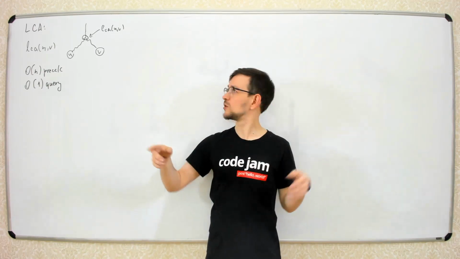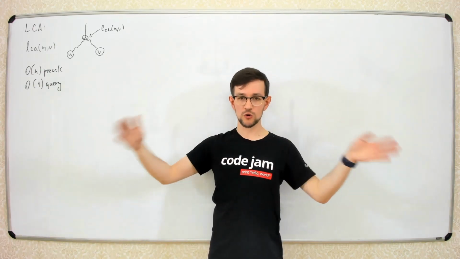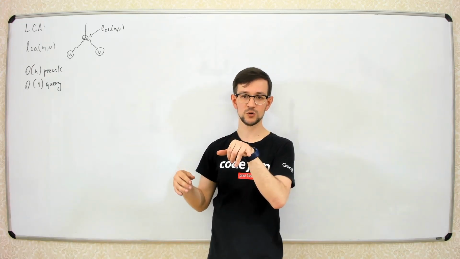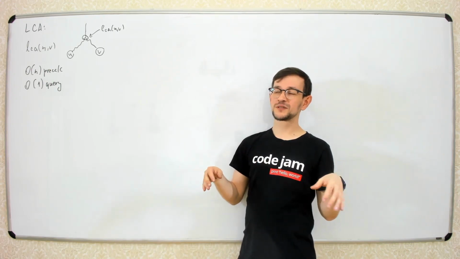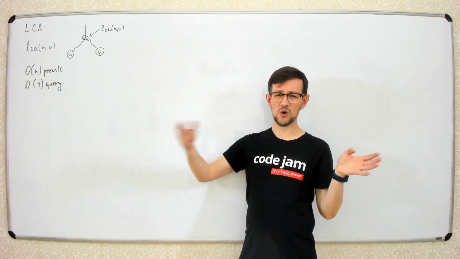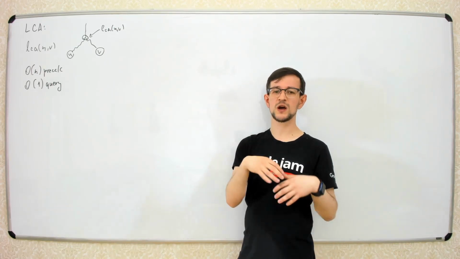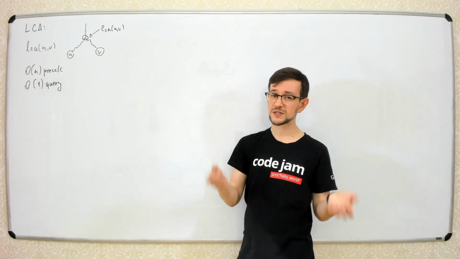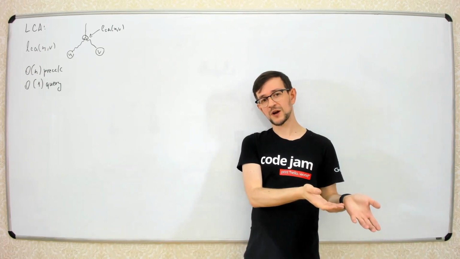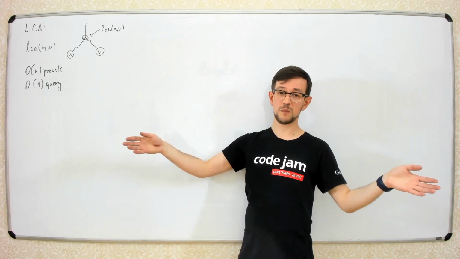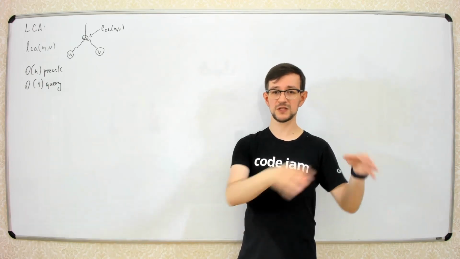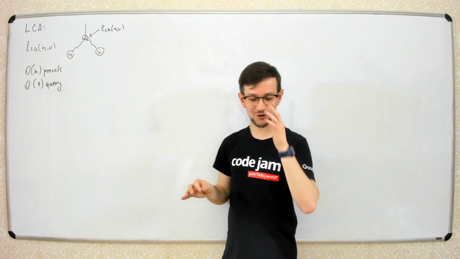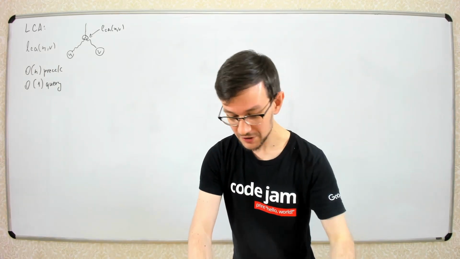We take our tree, build an Euler Tour of this tree, then split the Euler Tour into blocks of size log n over 2. Then we build a sparse table on these blocks, and inside each block, since we don't have so many types of blocks, we precalculate all the requests for each type of block. We have this precomputation table and this big sparse table, and we use them to answer the query in constant time. This is a short summary of one of the previous lectures.